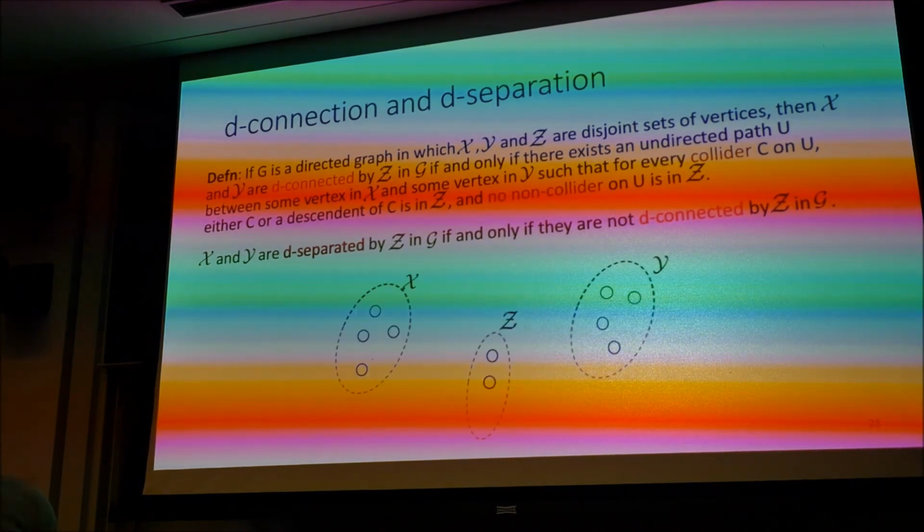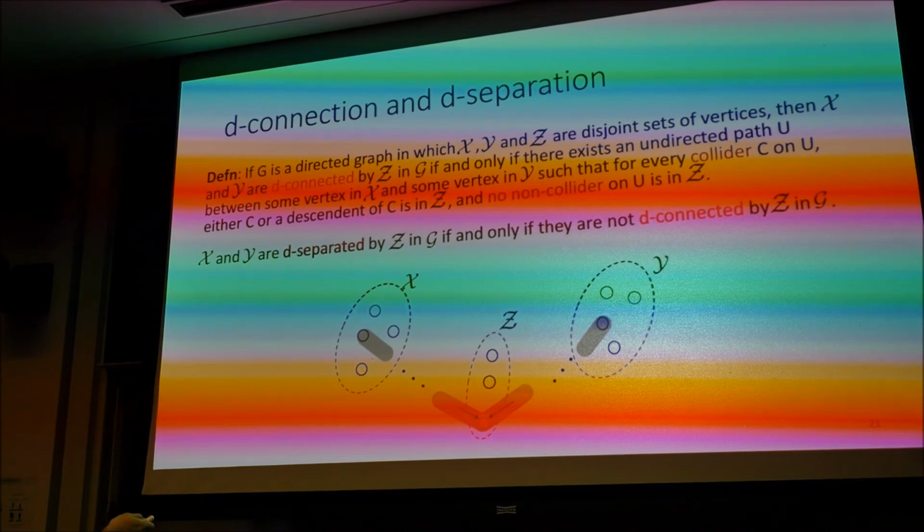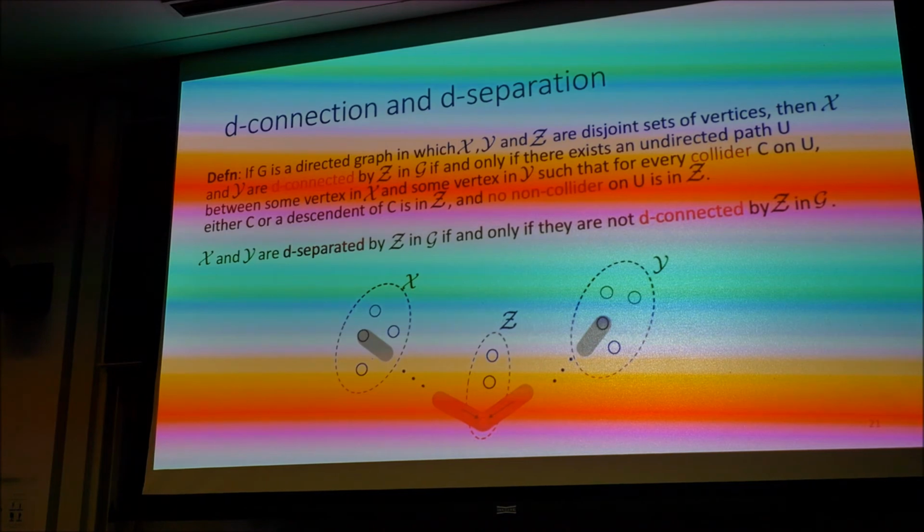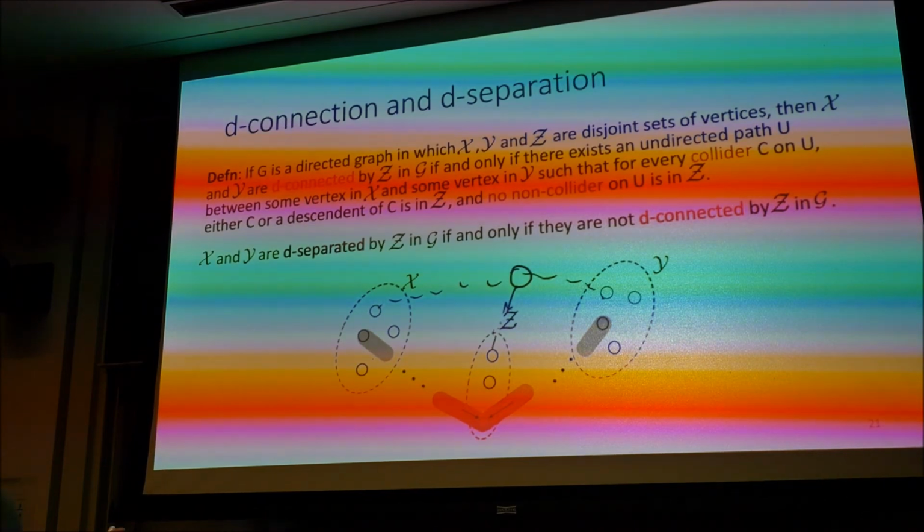Let's say that we have three sets, X, Z, and Y, and I find a path between them. If one of the elements of this falls into set Z, they are d-connected. It is also possible to have something like this. The path goes through another node, and one of the descendants of that node is this one. That also means that these are d-connected.